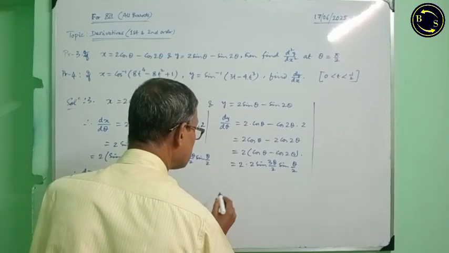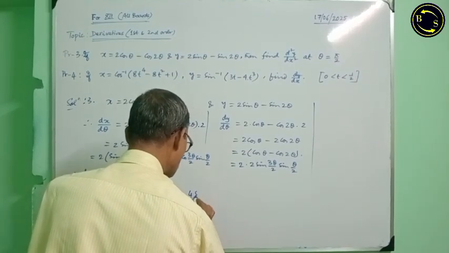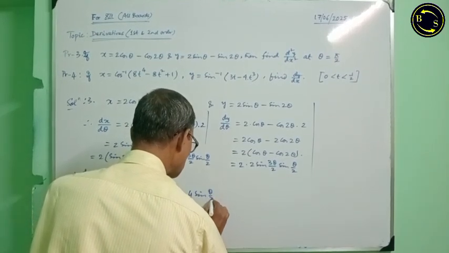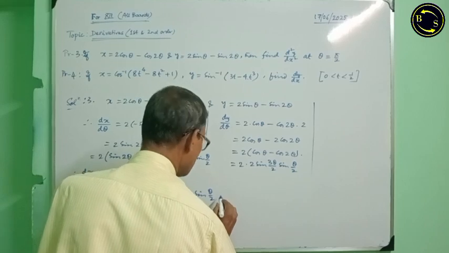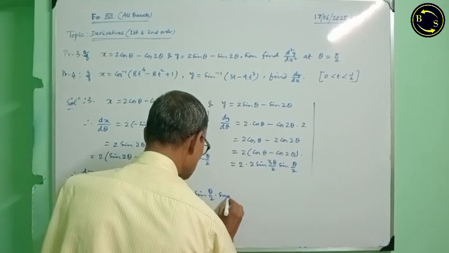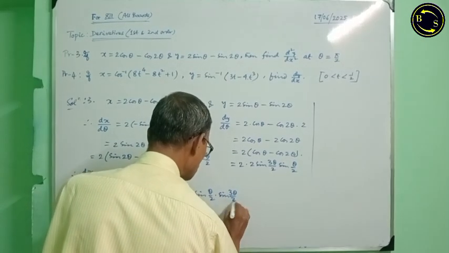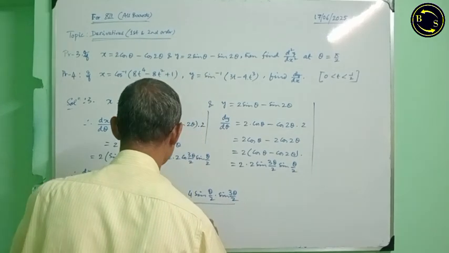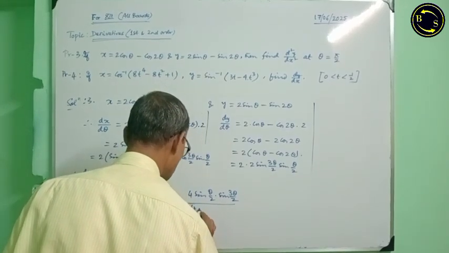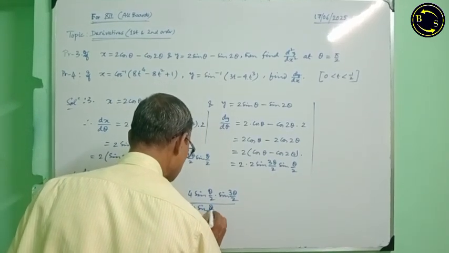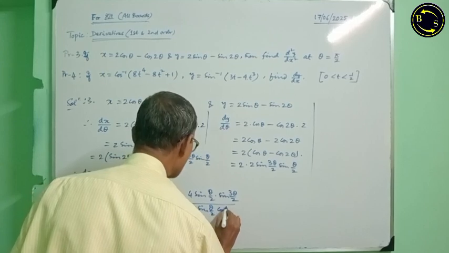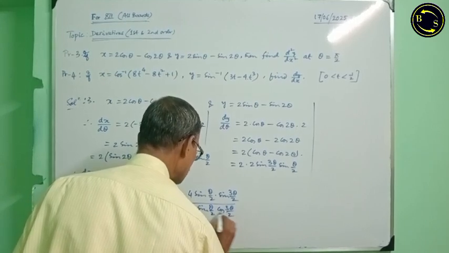Dy d theta is equal to 4 sin theta by 2 sin 3 theta by 2 by 4 sin theta by 2 cos 3 theta by 2.